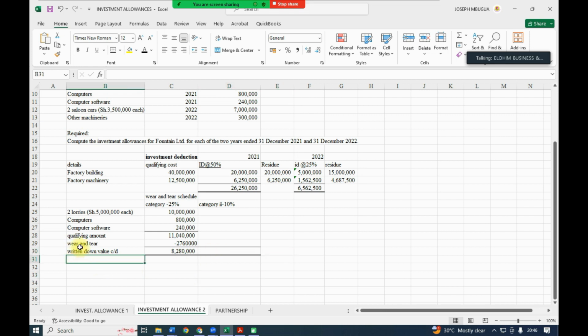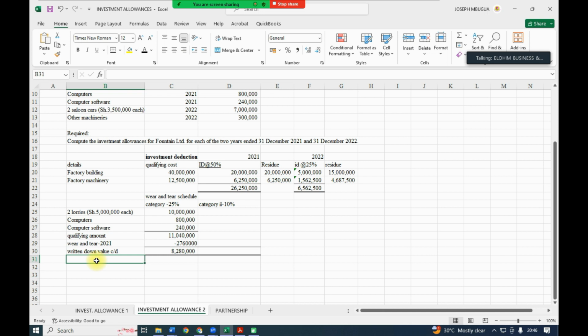So this is wear and tear for 2021. We need now to calculate for 2022. For 2022, we shall start with the same items, whatever we had, because we are dealing with the cost. If we are dealing with the cost, we are not dealing with the written down value.